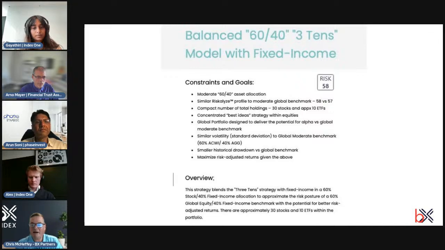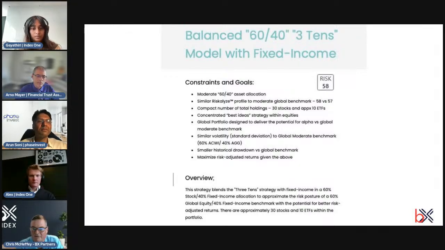And we put them together with some of our fixed income strategies to create a 60-40. And you can see on the screen, the risk is very similar to a 60-40, 60% Russell 3000, 40% aggregate.